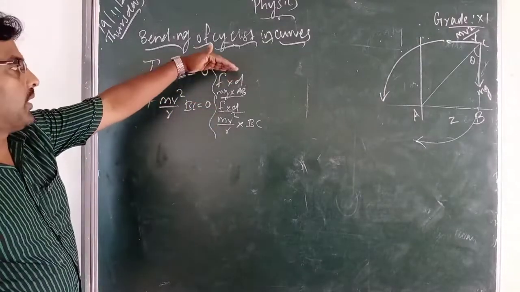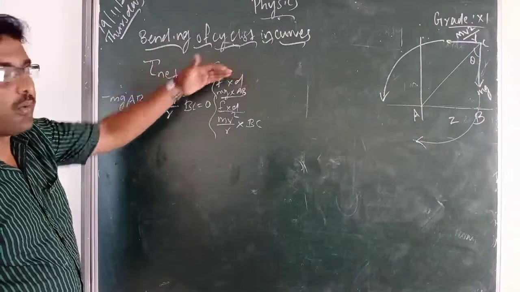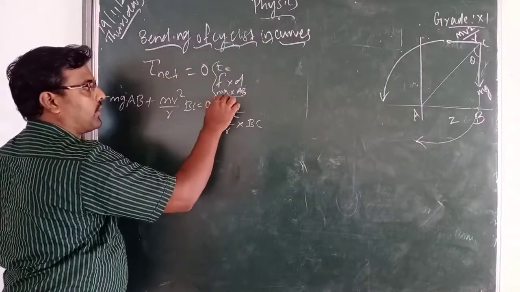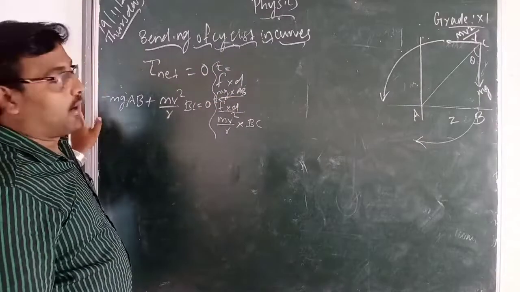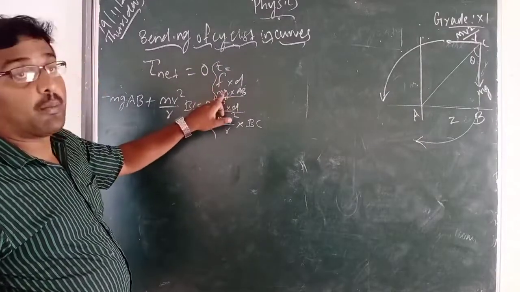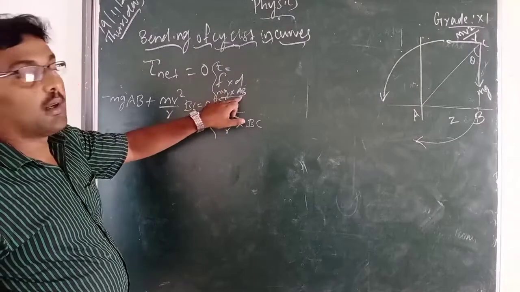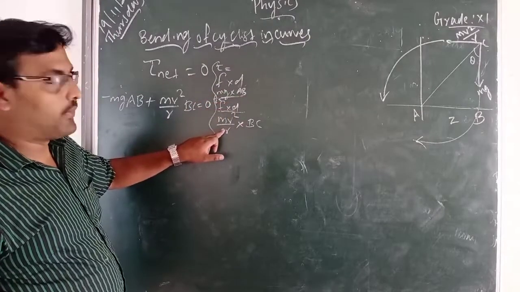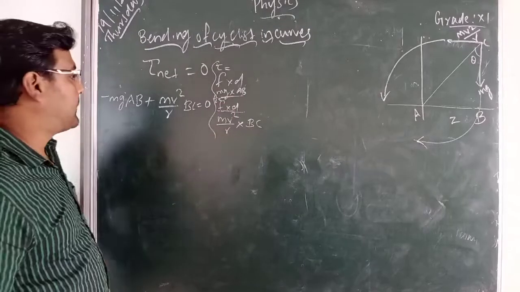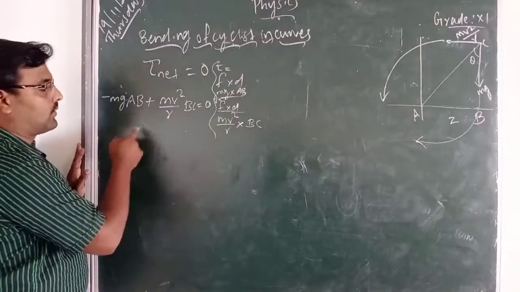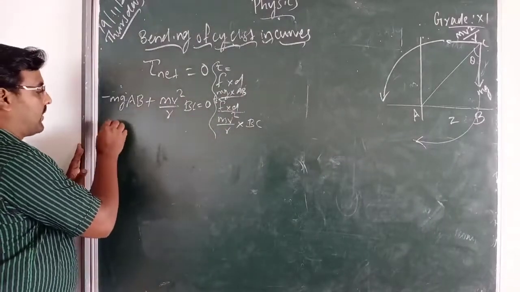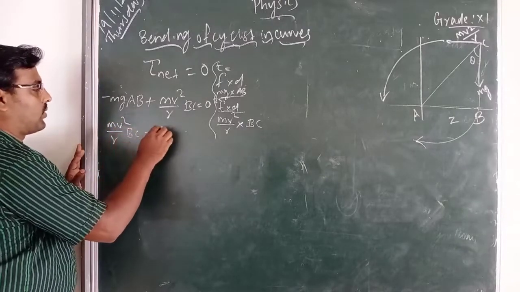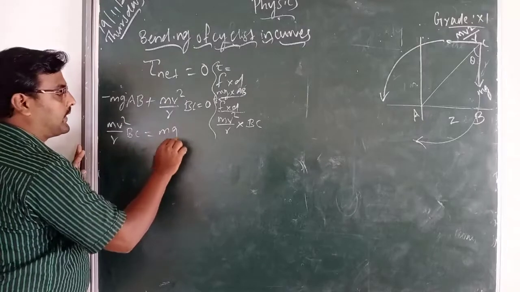We have found the torque separately using the formula torque equals F into d: the first is the force mg with distance AB, and the second is the centrifugal force mv square by r with distance BC. Rearranging, mg AB equals mv square by r BC.